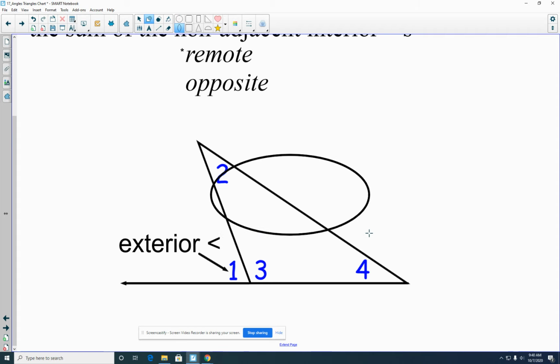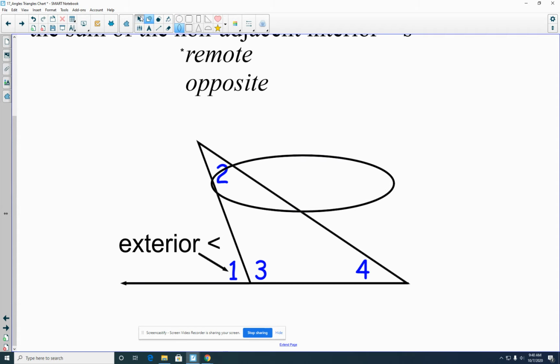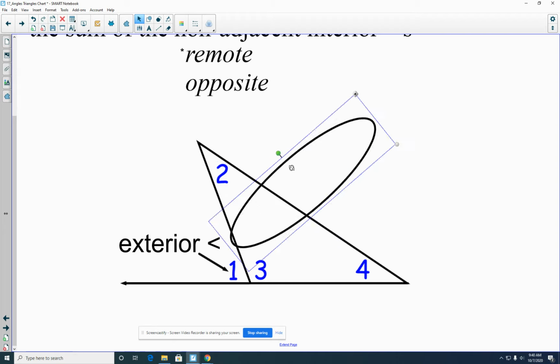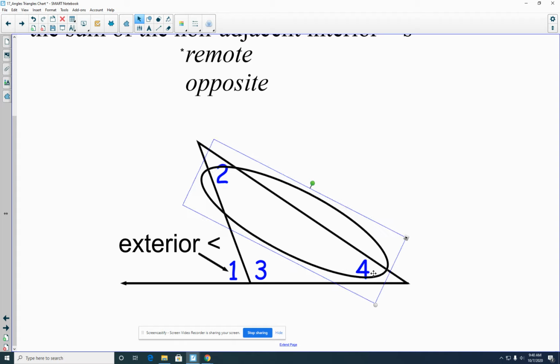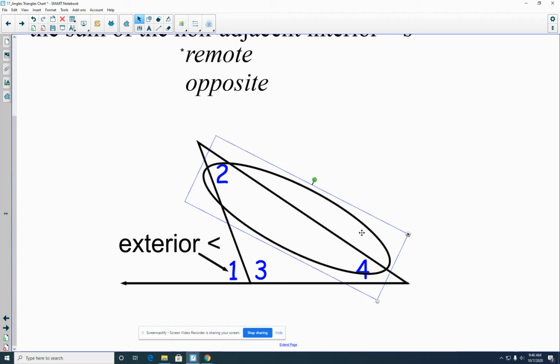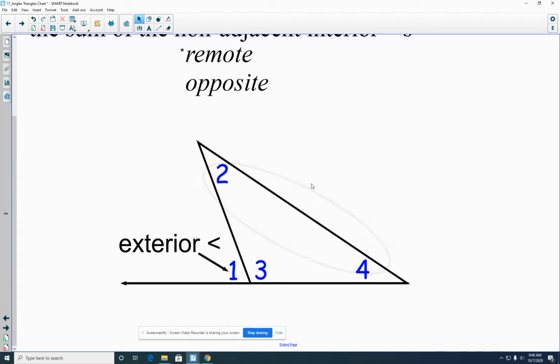So, do this. These two values, 2 and 4, when I add 2 and 4, I'm going to get angle 1.